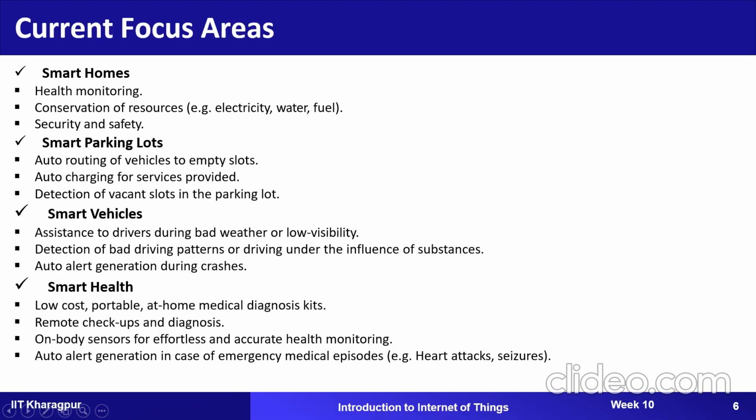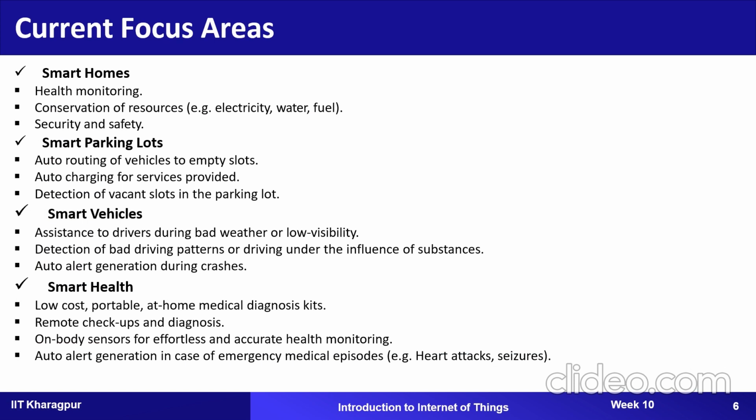Next is your conservation of resources. In smart homes, different equipment is embedded, for example smart bulbs and smart AC. These devices turn on whenever a person enters the room and turn off whenever the person leaves the room.